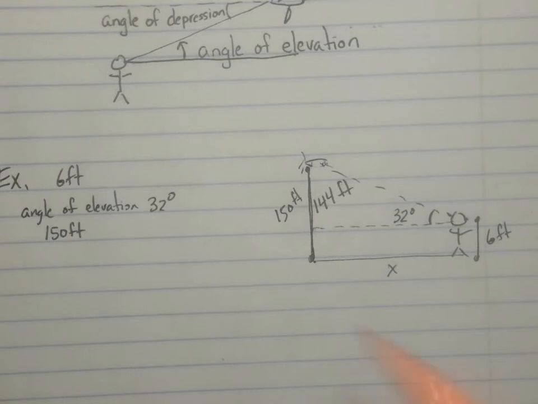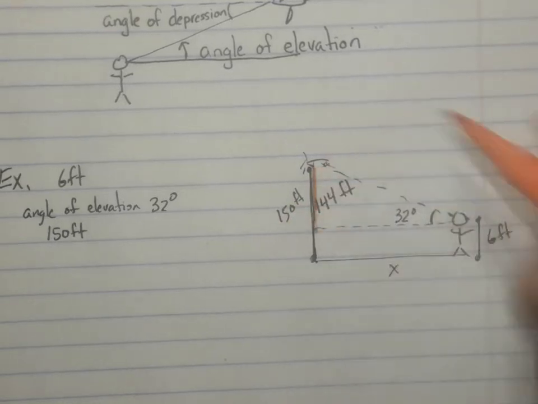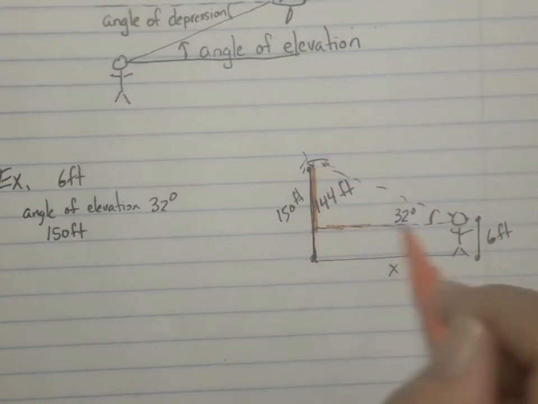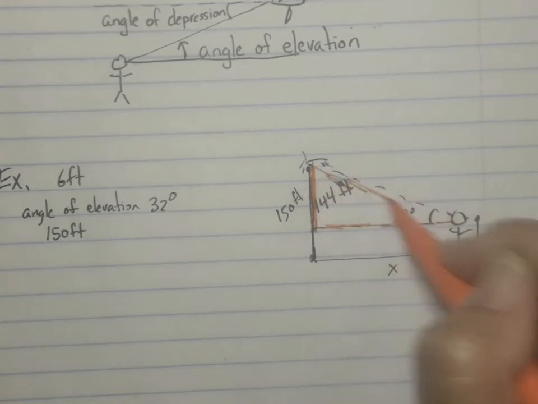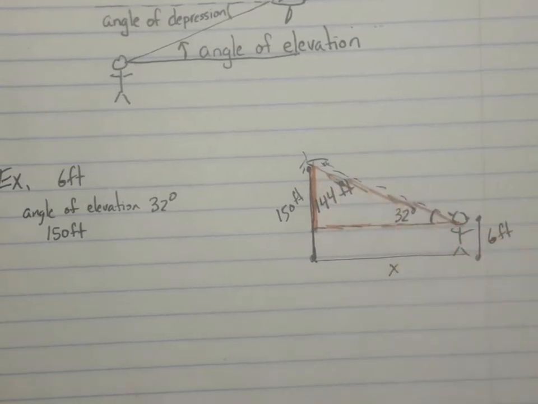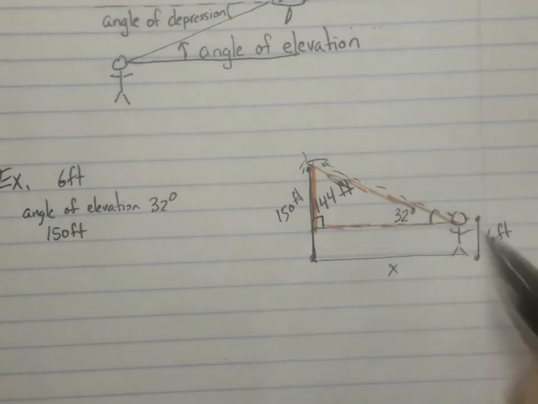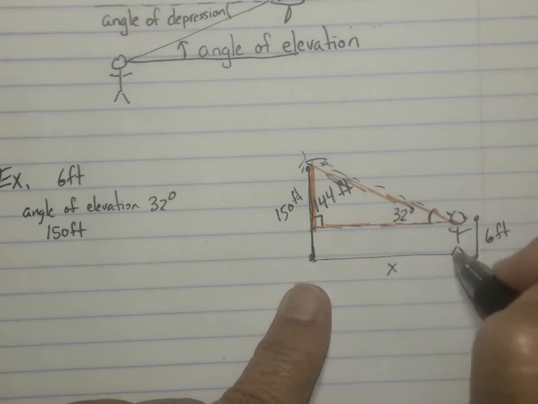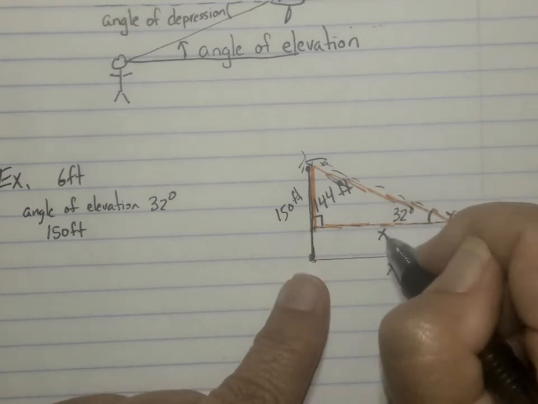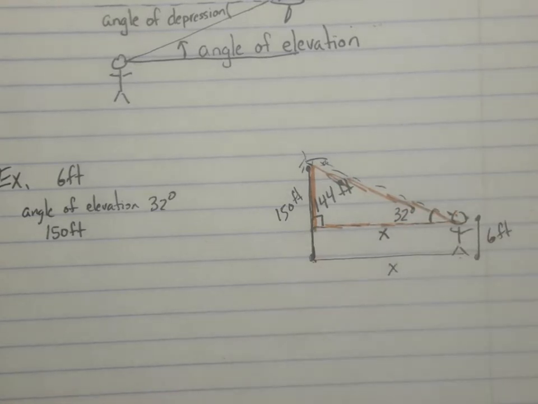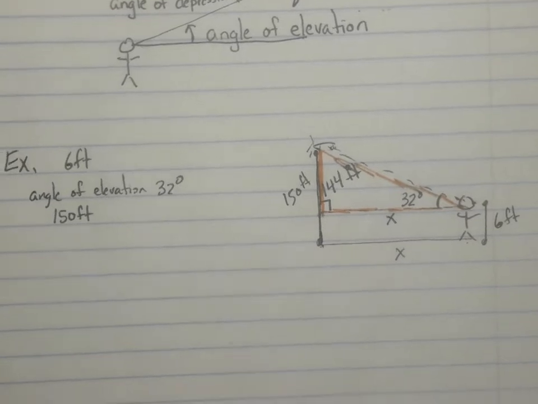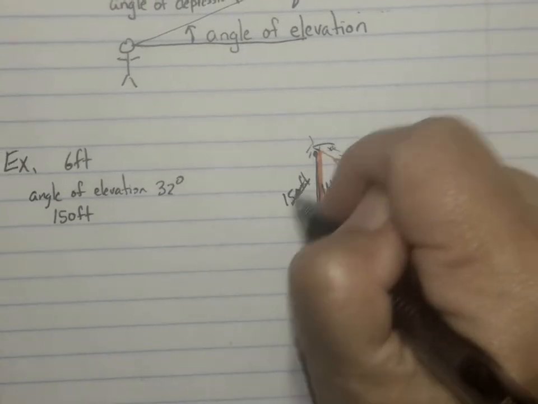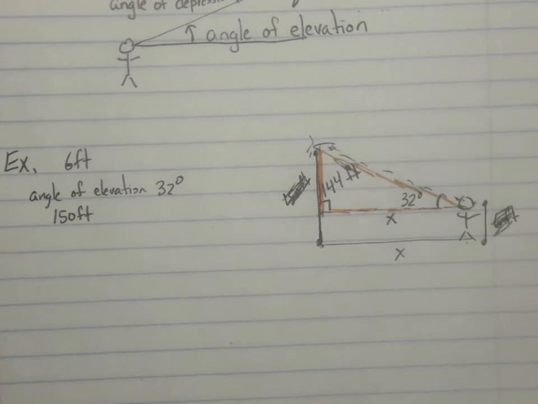Now, do you see that what we're looking at is this right triangle here. This distance from the crew worker to the plane, this X, is the same as that X there. I'm just going to cross out this 150 and the 6 feet because we're not using them anymore. We used them to get the information that we need.